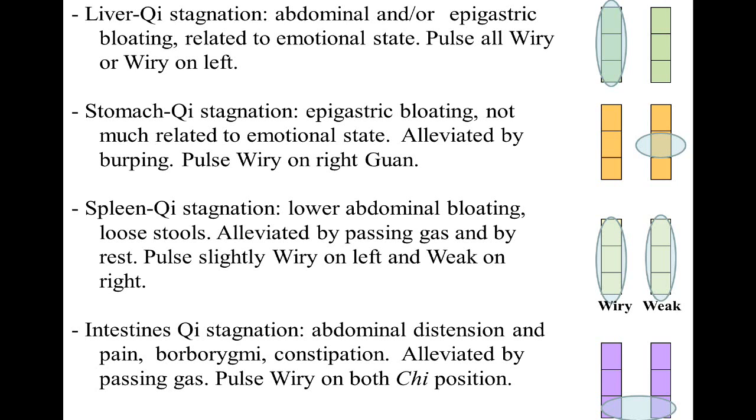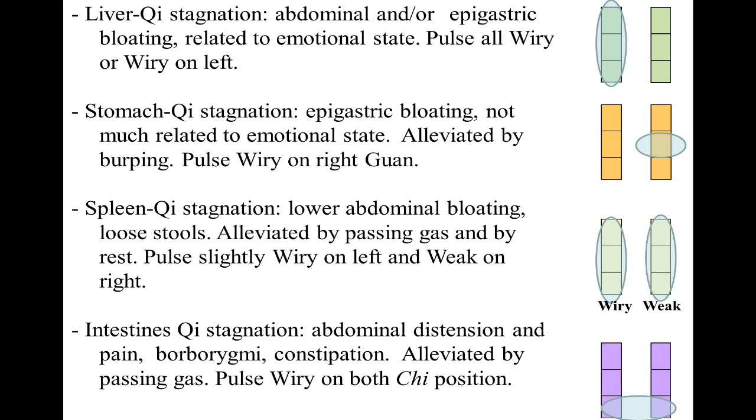And this pulse also indicates one observation I've made in the last few years, that although when we look at Chinese medicine books and we look at the patterns, the syndromes, we have small intestine syndromes and large intestine syndromes separately, however, in digestive problems, and in my experience, one can't really separate the two.